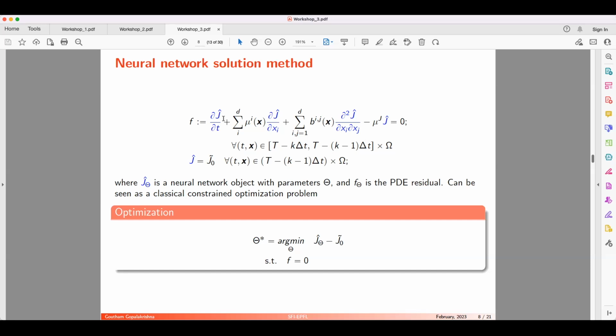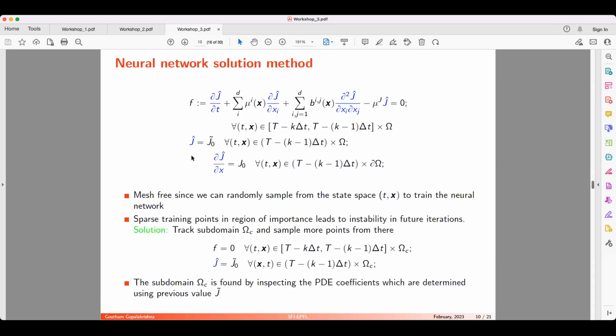And that also automatically implies that we have to satisfy this condition, right? It's like you're forcing it to learn at the time boundary as well as throughout the time plus state space boundary.